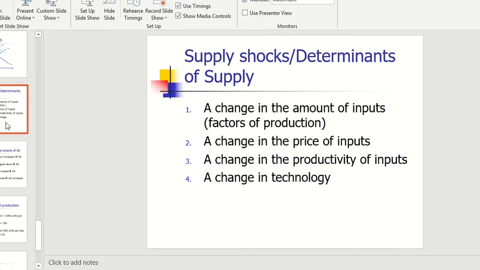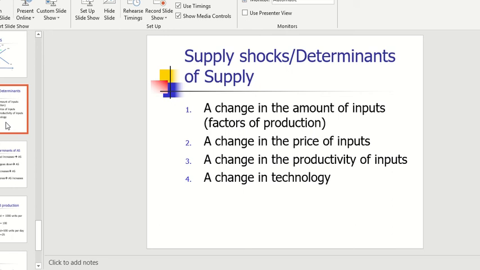So the owner found out that after the change, the productivity of the factory soared. We still have the same amount of workers. We still have them work the same hours. So what's happening here? Well, it's a change in technology.